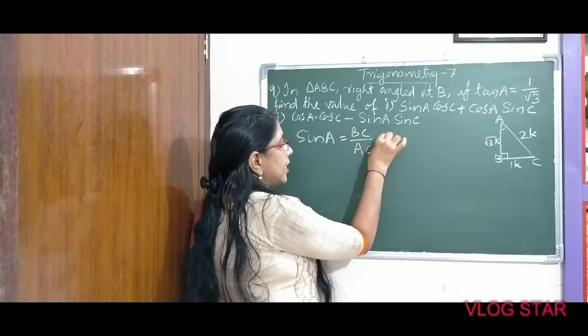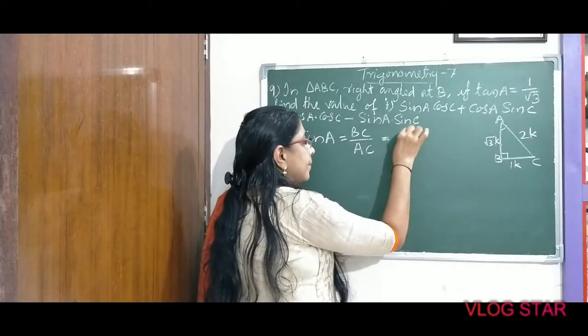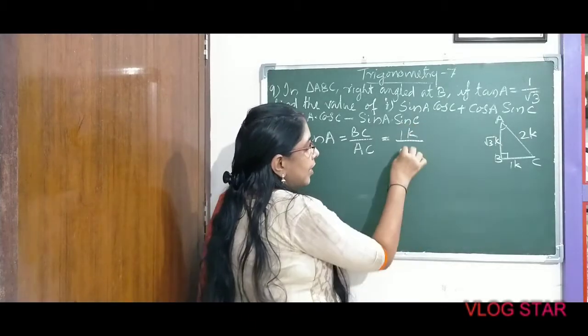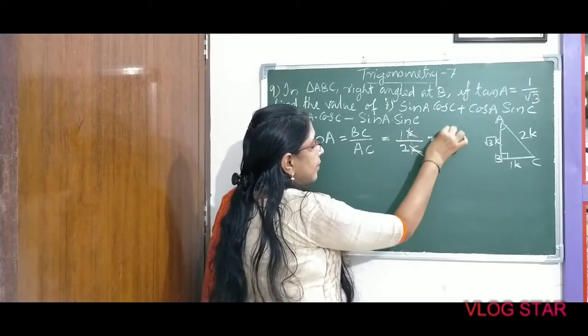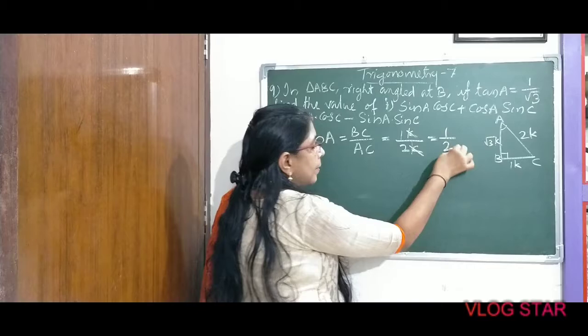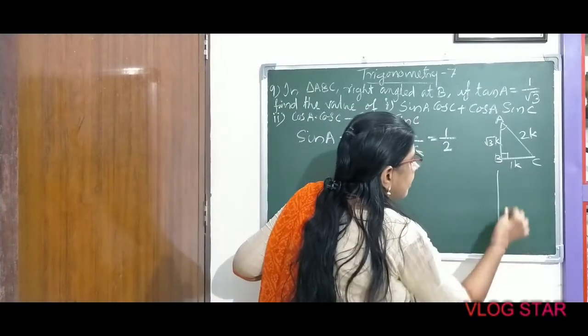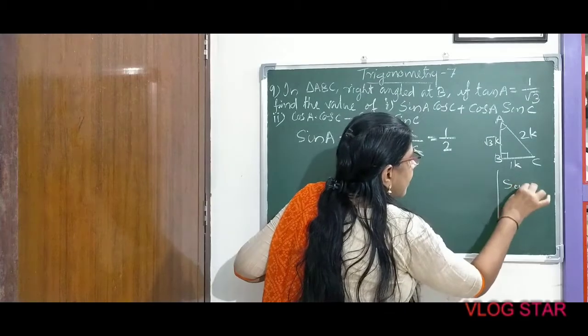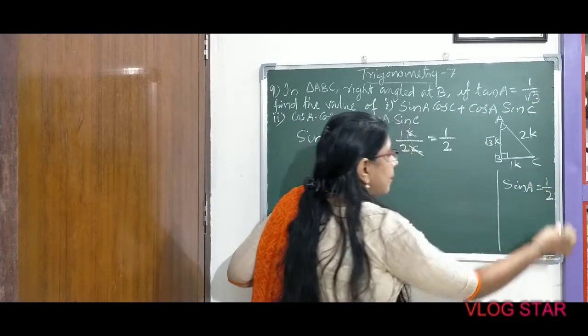BC upon AC, that is equal to, here BC is 1k upon AC is 2k. K and k get cancelled, therefore we get sin A is equal to 1 by 2. Write it over here: sin A is equal to 1 by 2.